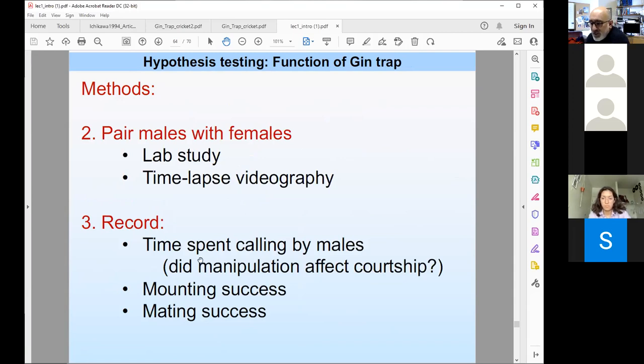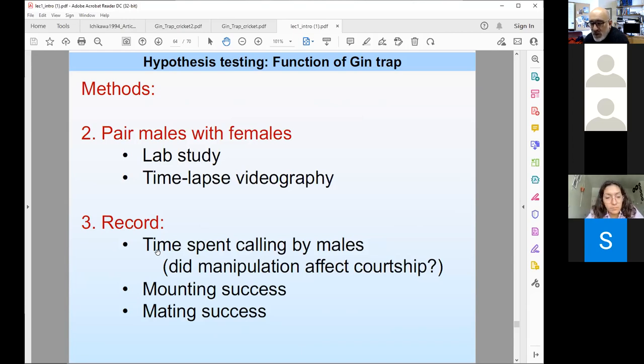measured several aspects of mating success. And these are proxies for reproductive success, right? So remember how I was talking earlier about how it's really difficult to measure lifetime reproductive success as a measure of fitness. And we try to measure what are sometimes called fitness correlates, or proxies of fitness.